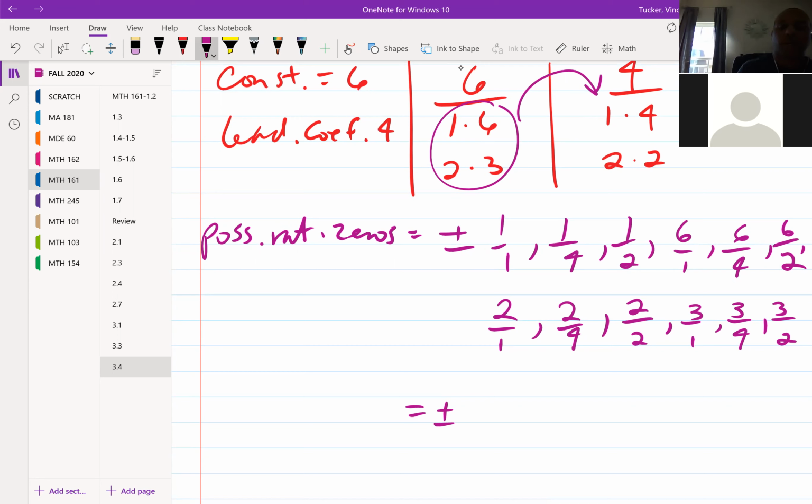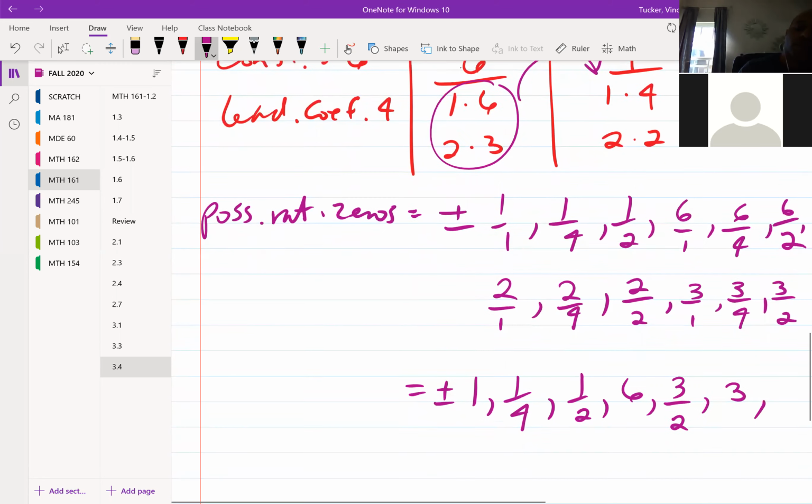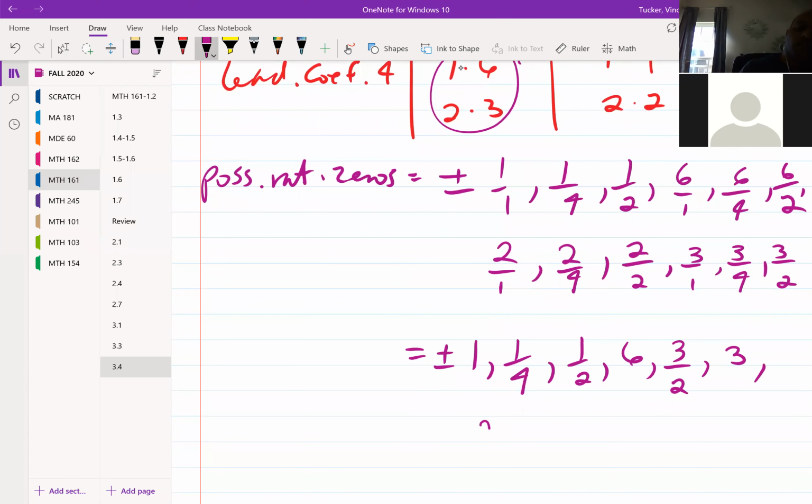And we simplify as much as possible, write down distinct values. So 1 over 1 is just 1, 1 over 4, 1 over 2. 6 over 4 reduces to 3 over 2. 6 over 2 is 3. 2 over 1 is 2. 2 over 4 is 1/2, so we don't need that one. 2 over 2 is 1, we already have it. 3 over 1 is 3, already have that one. 3/4, we need that.